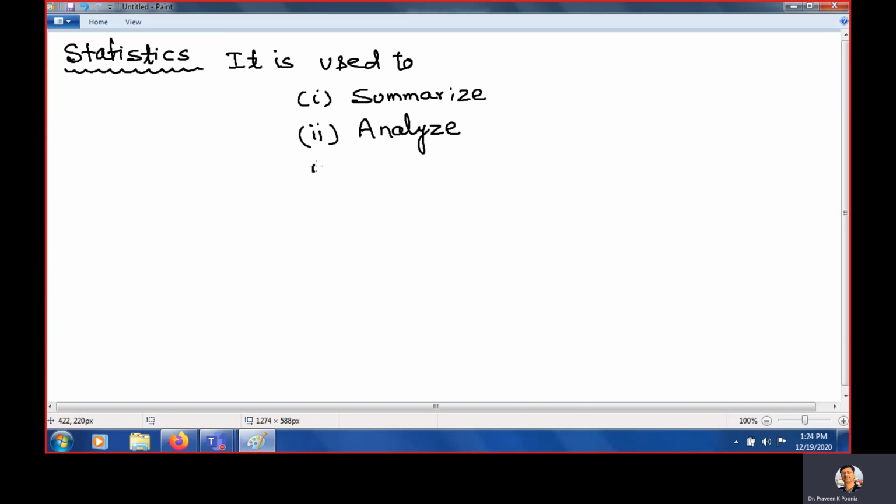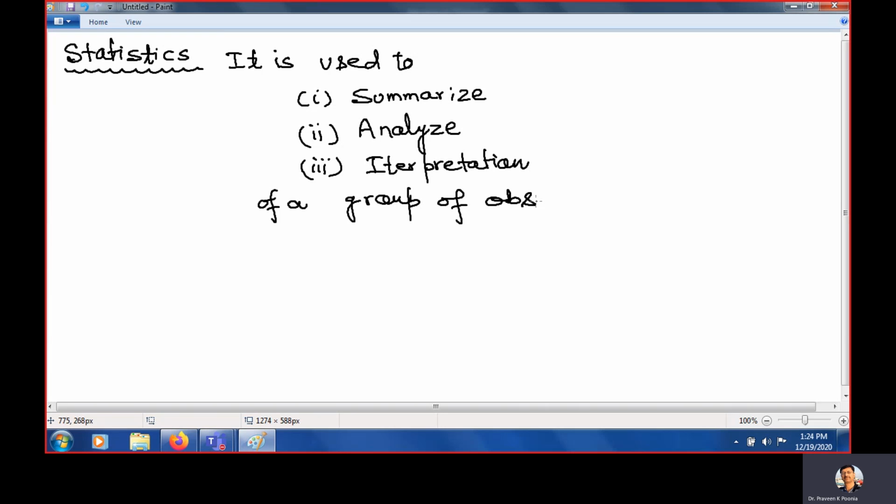And number 3 is interpretation. Clear? Of what? Of a group of observations. So these 3 things we are going to study in statistics.